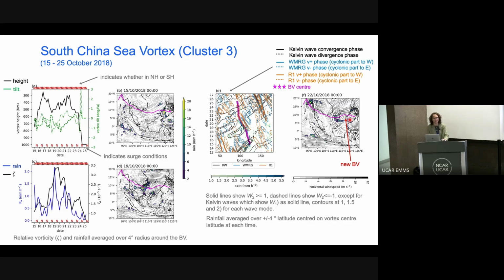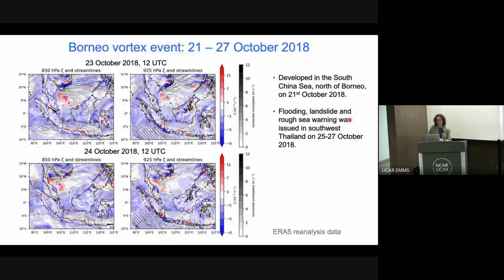We want to now spend a bit more time thinking about this vortex in more detail. And here's another snapshot for two particular times that show you the streamlines and the relative vorticity on the 23rd of October and the 24th of October 2018. You can see the center of the Borneo vortex in pink at 850 hectopascals and in turquoise at 925 hectopascals.